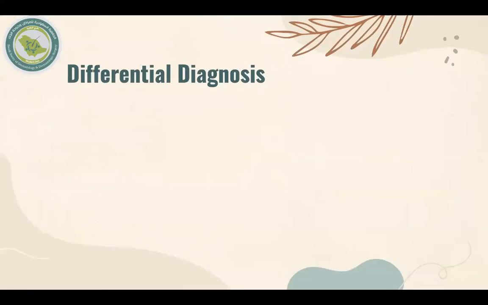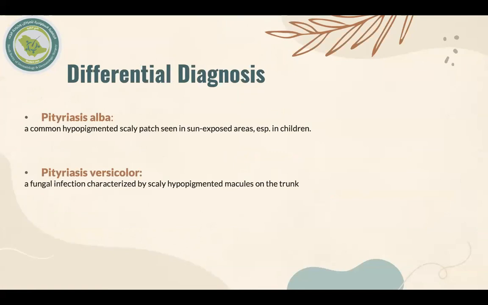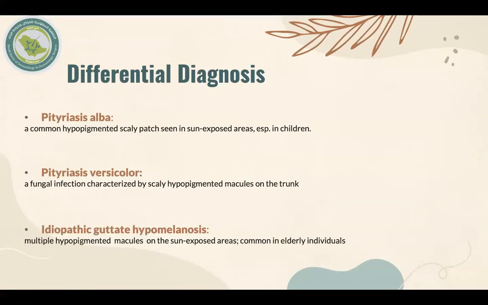Differential diagnosis includes pityriasis alba, which is a common hypopigmented scaly patch seen in sun-exposed areas, especially in children, or pityriasis versicolor, which is a fungal infection characterized by scaly hypopigmented macules on the trunk, or idiopathic guttate hypomelanosis, which is multiple hypopigmented macules on the sun-exposed area, common in the elderly.